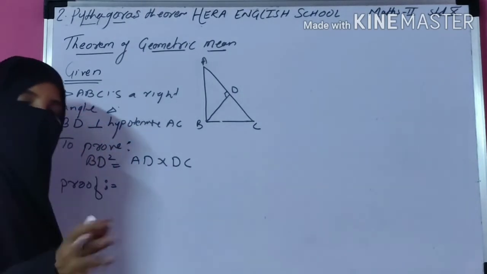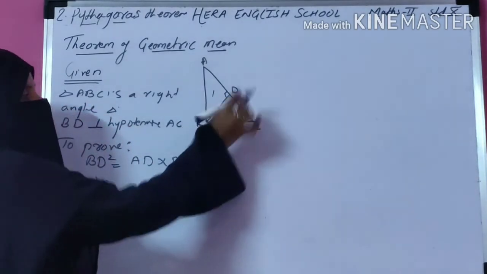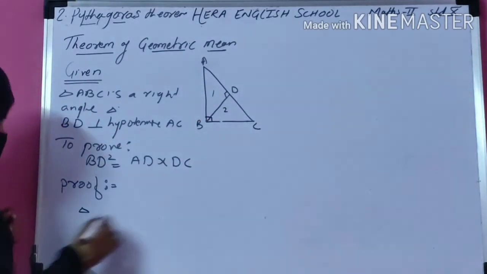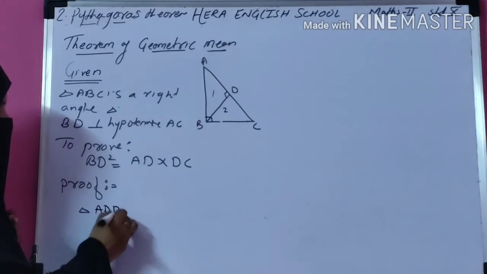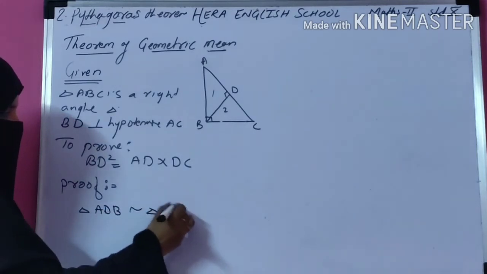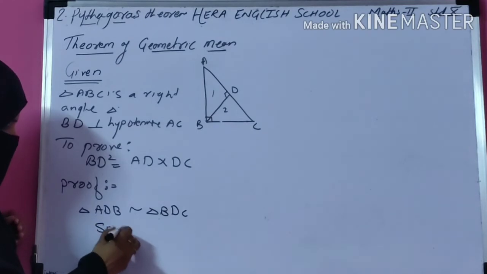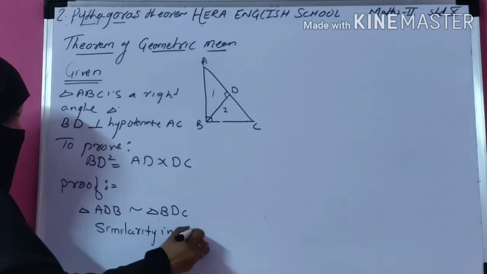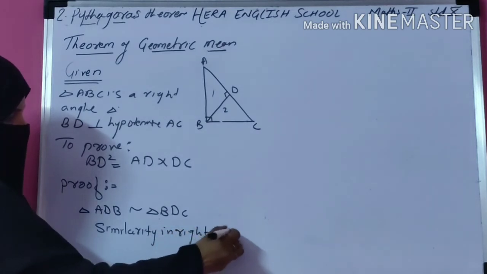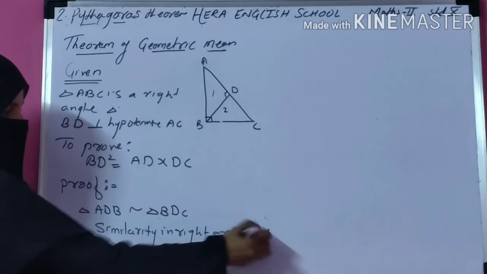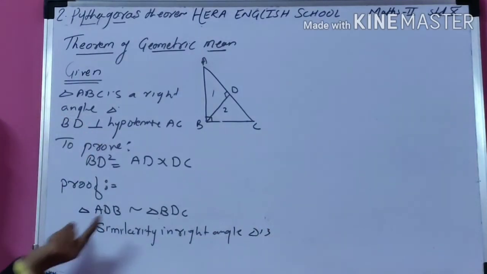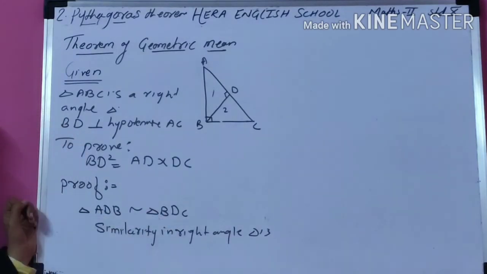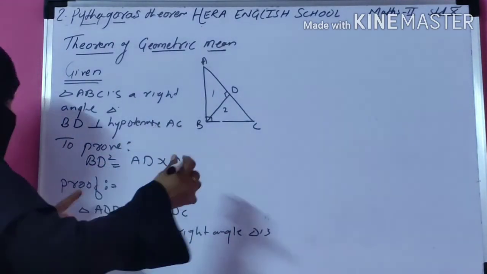That means triangle ADB is similar to triangle BDC, by similarity in right angle triangle. And we know from the first chapter that if triangles are similar, then corresponding sides are in proportion.